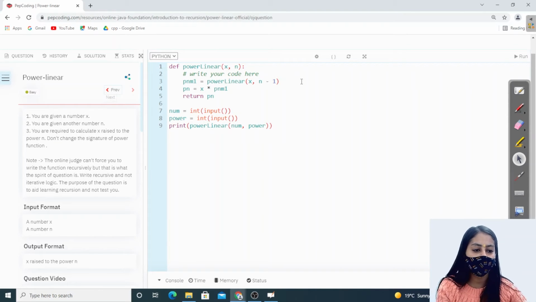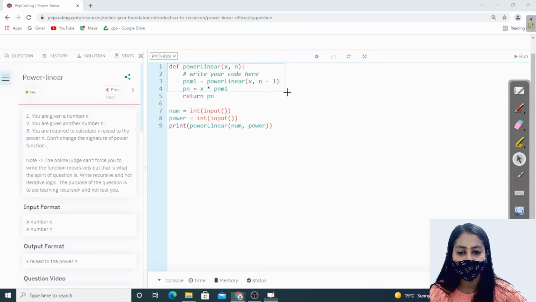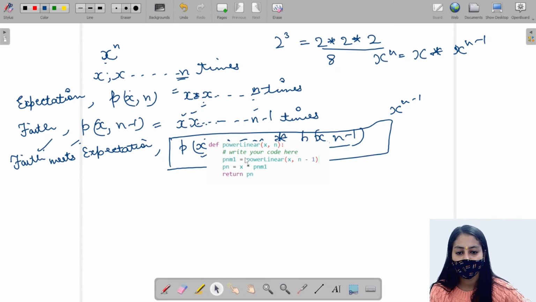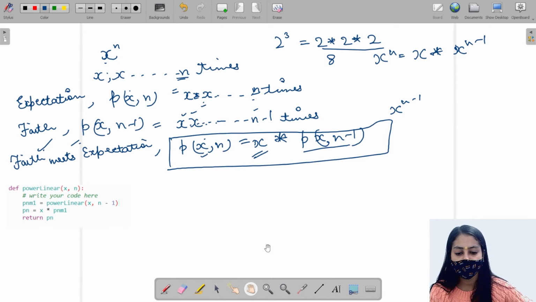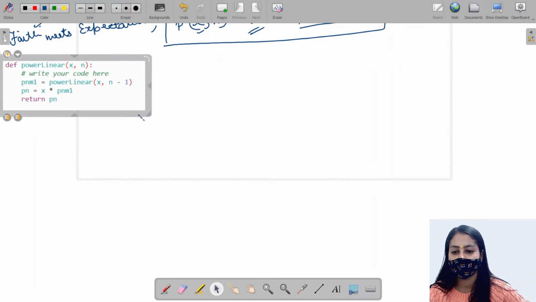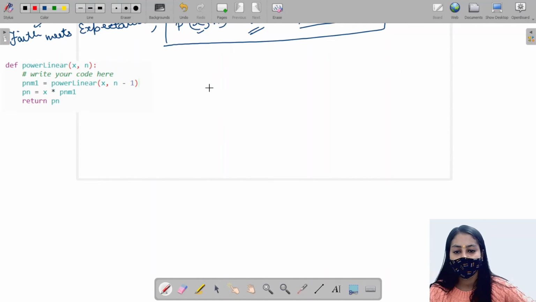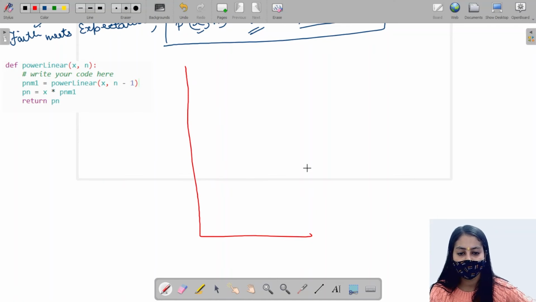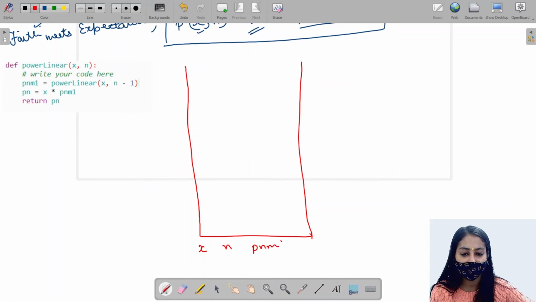Now let's figure out the low level thinking and our base case for this. So this is our code. Now we have these variables x, power of n minus 1 and power of n, right?